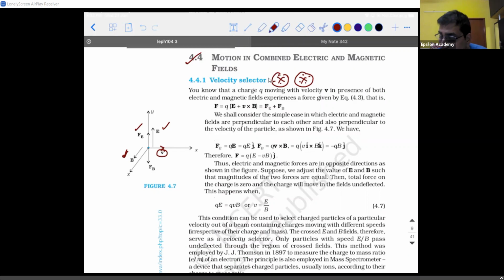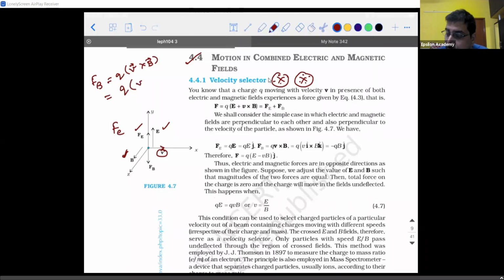Due to the electric field, the electrostatic force is going to be in the upward direction. Now, what is going to be the direction of magnetic force? FB is equal to Q into V vector cross B vector, guys. So Q is positive. Here it is a positively charged particle. Okay.